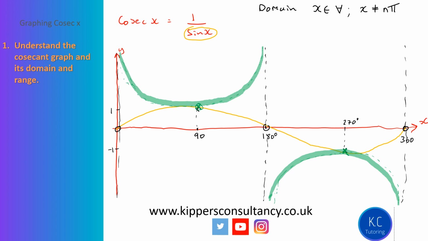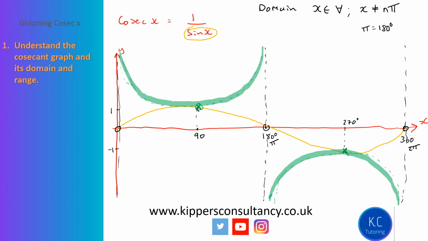Now, if you remember, pi is equivalent to 180 degrees. I'm just going to put pi in there, and 2 pi in there. What we can see is that our domain, our series of x values, this graph will take all x values except where x is some integer multiple of pi.